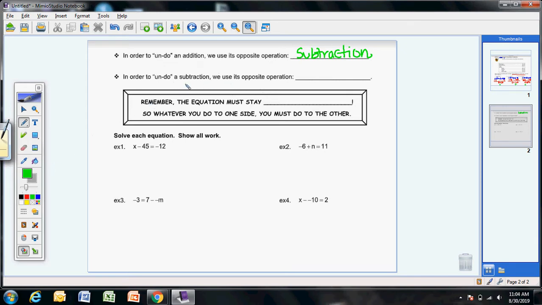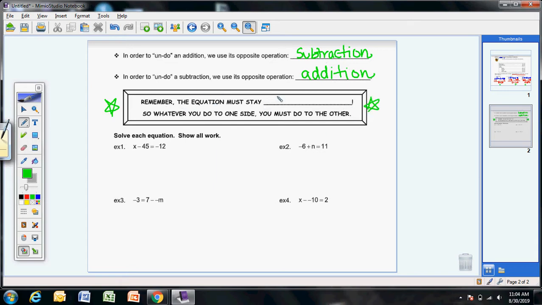One that I didn't practice in that beginning example is if my problem is subtraction originally, then I'm going to undo that by doing the opposite, which is addition. So today is all about doing the opposite operation to get the variable all by itself. This is super important. We're going to say this all the time in our equation unit.